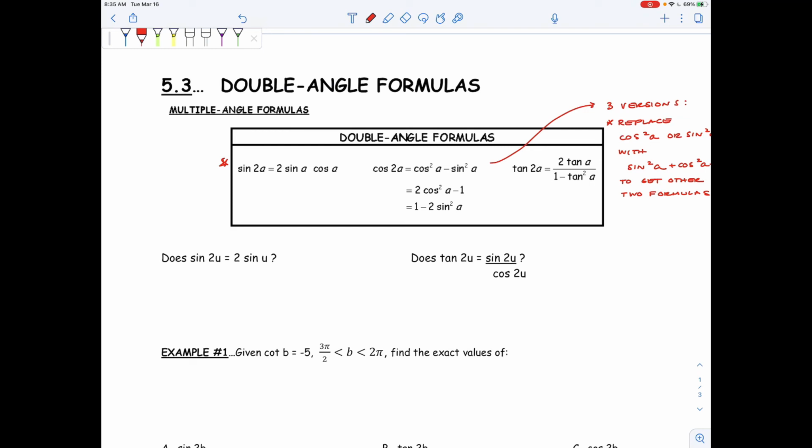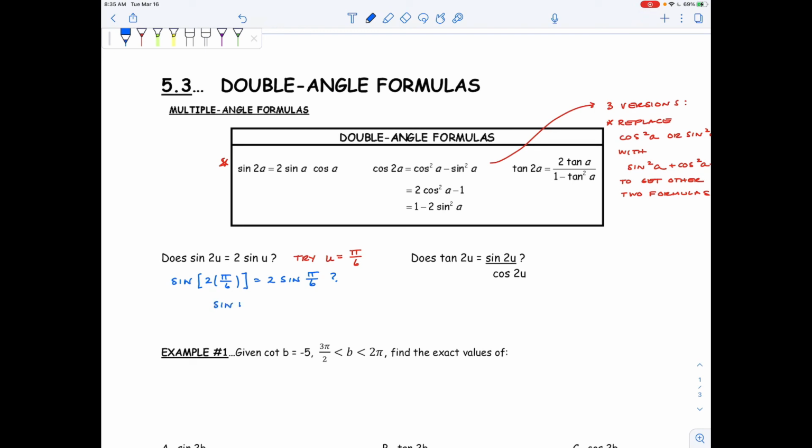Let's just pick an angle. So let's try u equals pi over 6. And when you plug in, sine of 2 times pi over 6 equals 2 sine pi over 6? We'll put a question mark there because we're not sure that it's going to work.